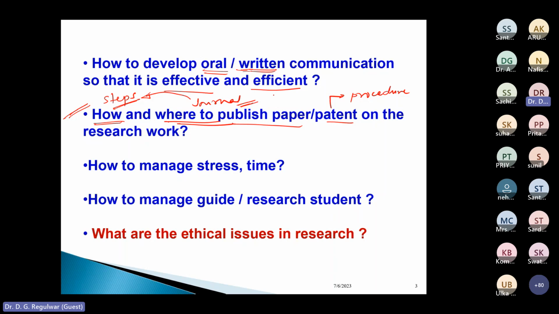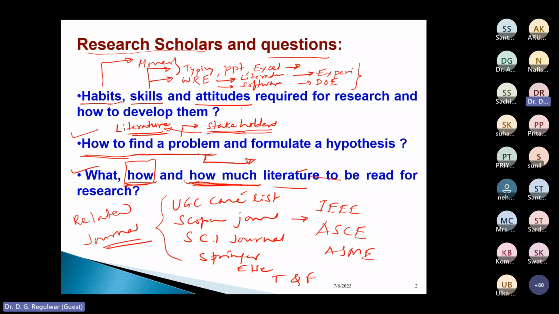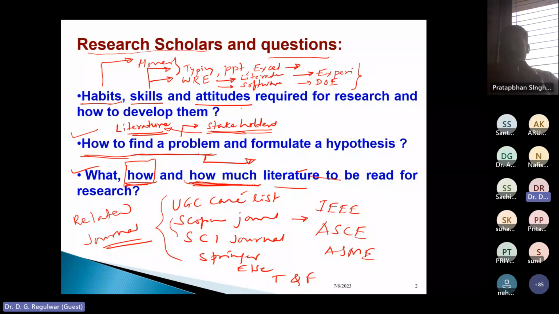Okay, so as far as this journal is concerned, in the previous slide I mentioned these are the Scopus and SCI journals.